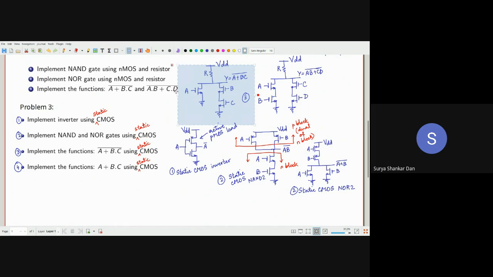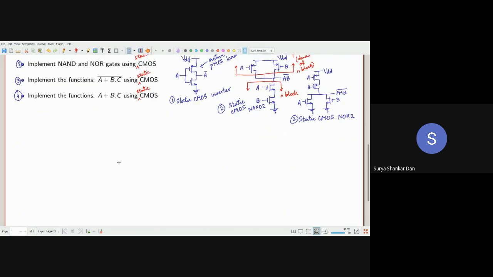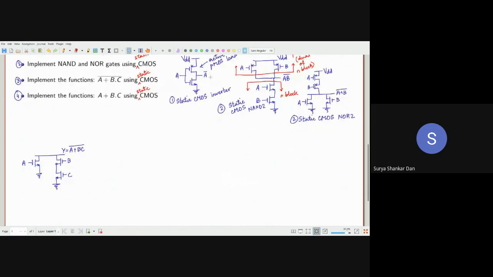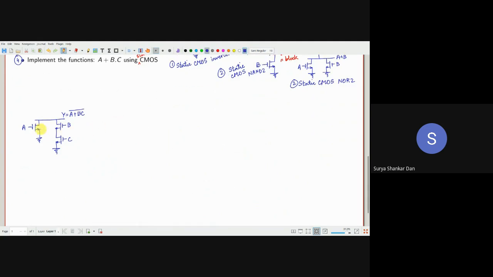Control C, Control V. Okay. Now, unlike the previous case where we have done the resistive load, we will take the active PMOS load. In active PMOS, whatever is in series, here B and C is in series, they become in parallel, and whatever is in parallel becomes in series.